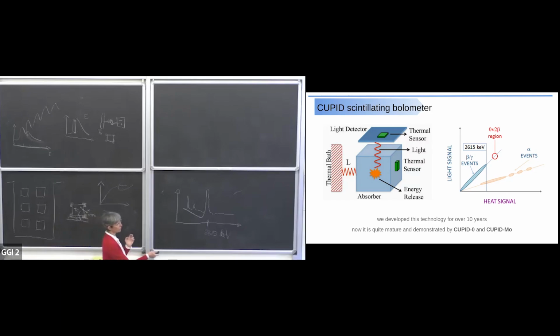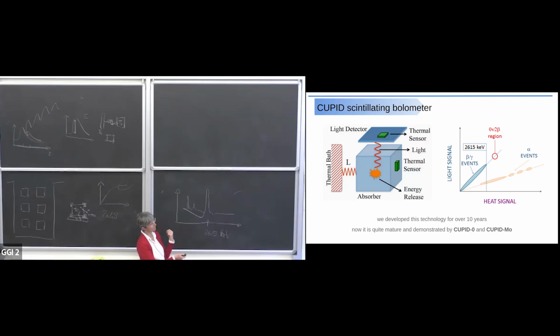So when I draw a plot where, for each signal, I report the amount of heat that characterizes this signal and the amount of light, I see two bands.